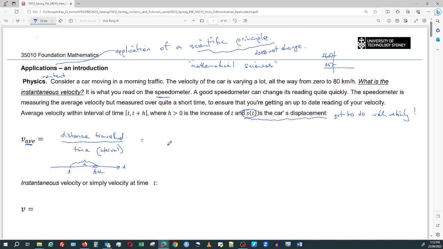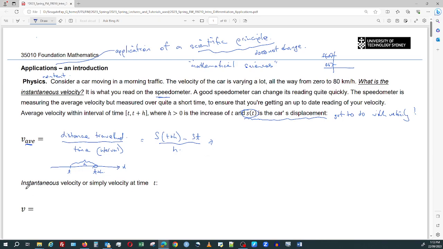We're going to do s of t plus h minus s of t, that's our rise. And our run is h. Is that all we're doing? So we're in effect getting a speedo reading.